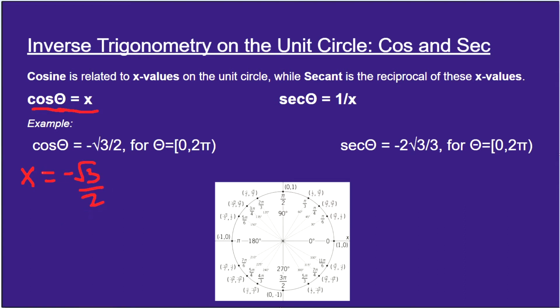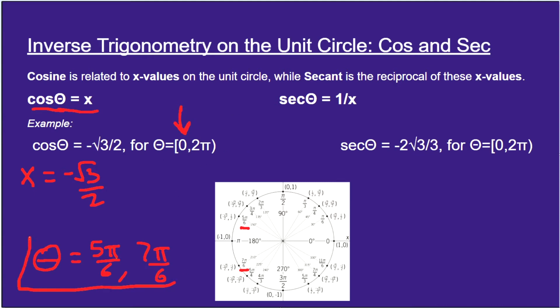Well, where is that happening? Negative root 3 over 2 for the x values happens at 5 pi over 6 and 7 pi over 6. So I would just know that theta is 5 pi over 6, comma, 7 pi over 6. Once again, my domain is 0 to 2 pi, so I'm actually done with my solution.